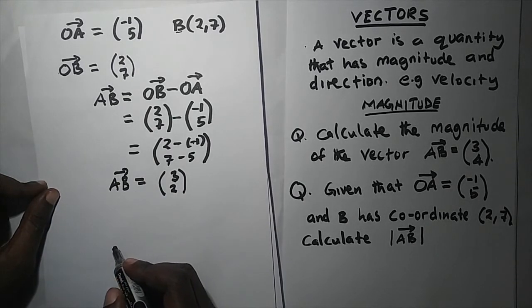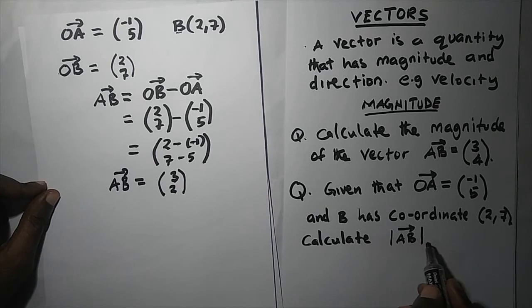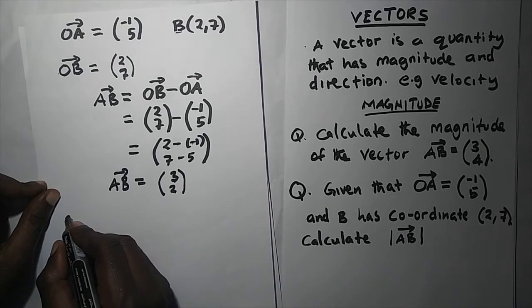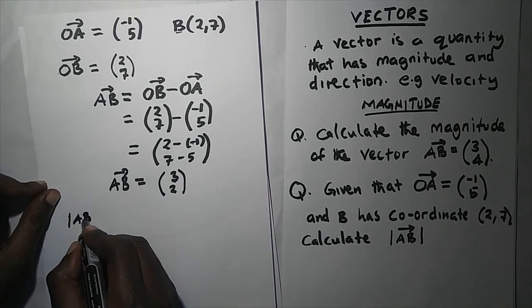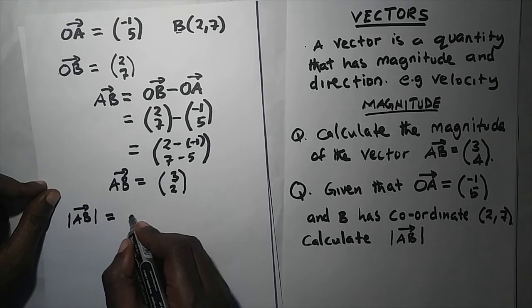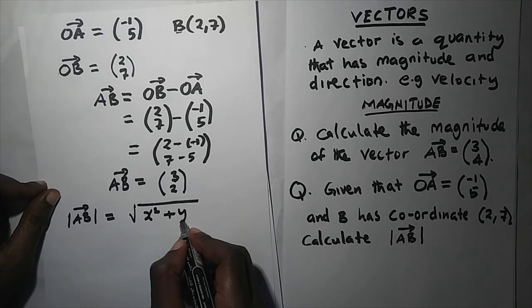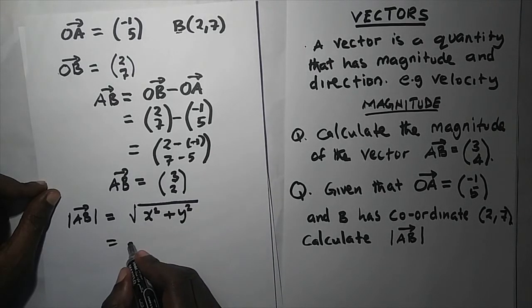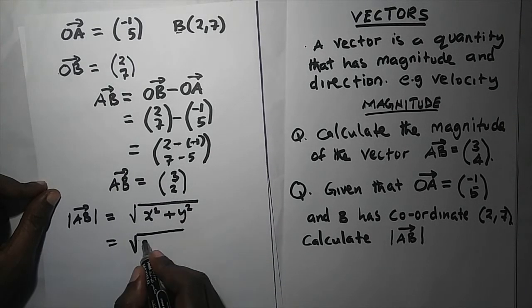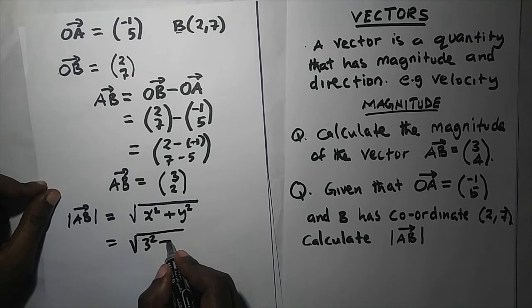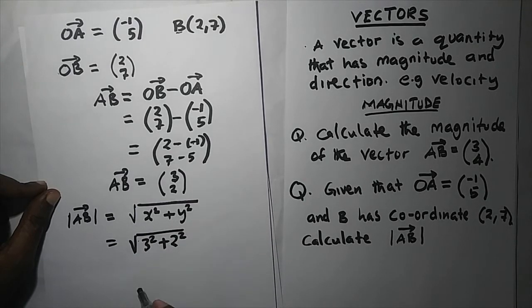And now the question says calculate the magnitude of the vector AB. So the magnitude of AB is given by the same formula, square root of x squared plus y squared, which will give us the square root of 3 squared plus 2 squared.